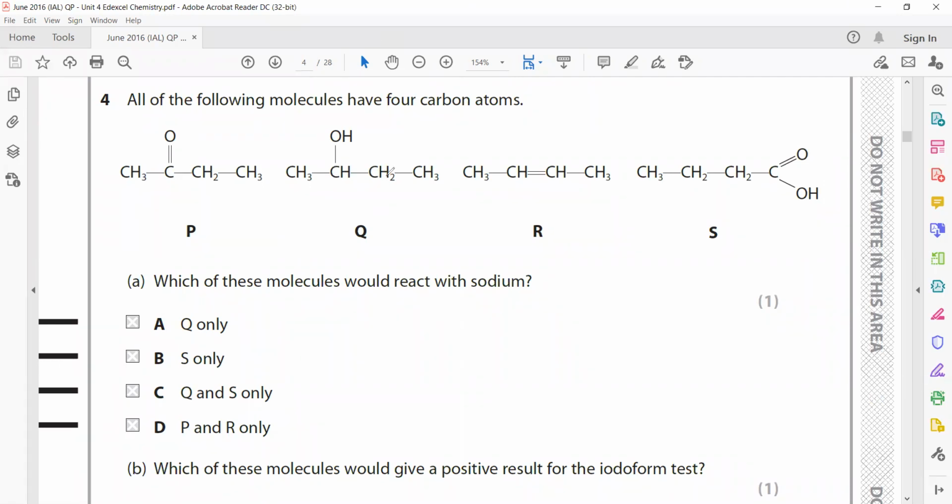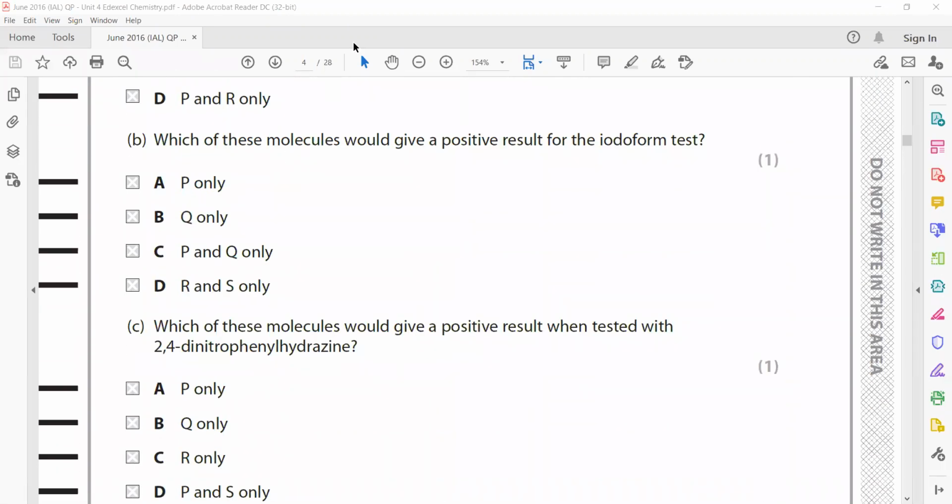Secondary alcohol will oxidize to ketone, and then the ketone will have this methyl group next to the carbonyl group. So both will give a positive result, as the secondary alcohol can be oxidized to ketone, and then the ketone will give a positive result because there is a methyl group next to the carbonyl. So P and Q will give the positive result. Again, C will be the right answer.